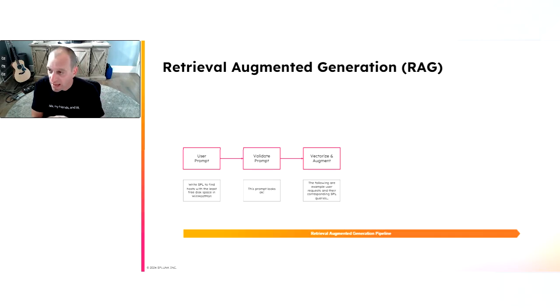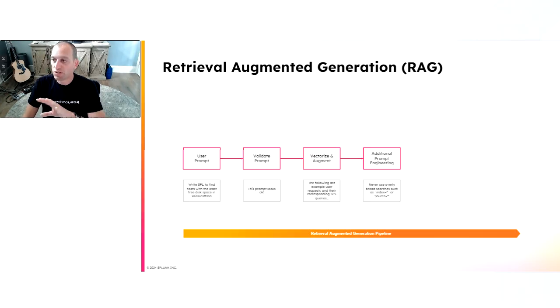So we take your prompt and augment it with a bunch of different SPL queries from our vector database that say, here's things that are kind of like what this user is trying to do. And then we don't stop there. We continue to engineer the prompt further. We put some boilerplate things on there. And if anybody's ever used ChatGPT, you've probably done some degree of prompt engineering, right?